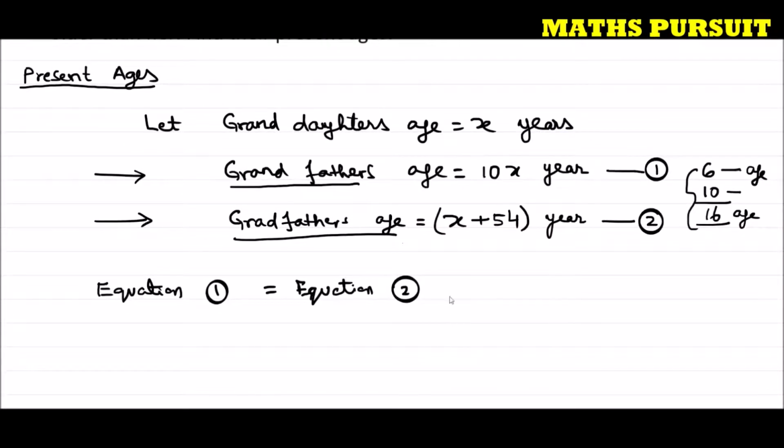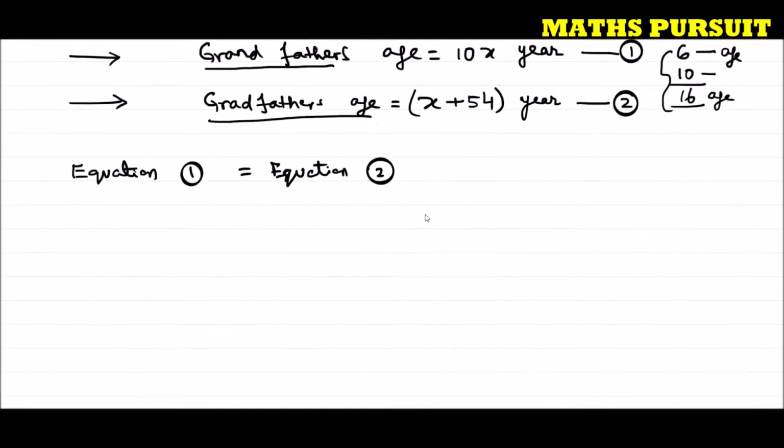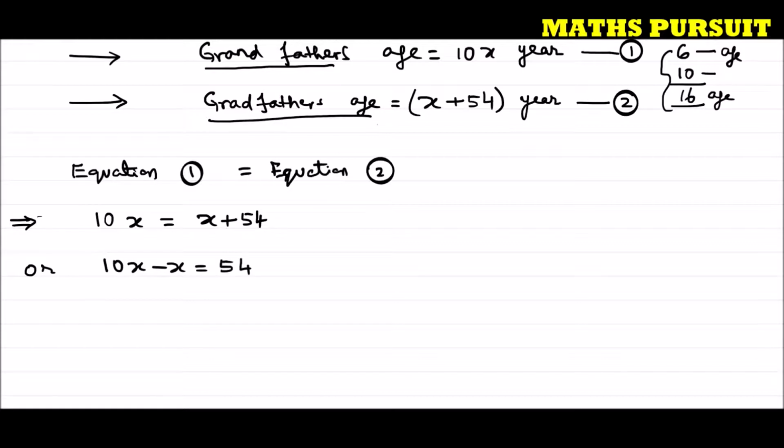Now let us replace the values for equation 1 as well as equation 2. In equation 1 we got 10x, and in equation 2 we got x plus 54. So 10x is equal to x plus 54. Or I can write 10x minus x is equal to 54. What I am doing here?